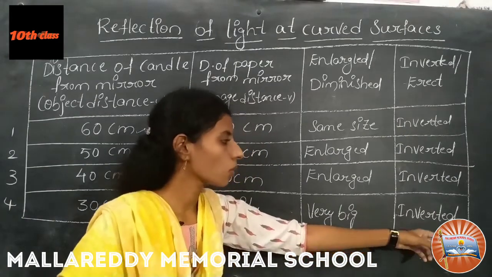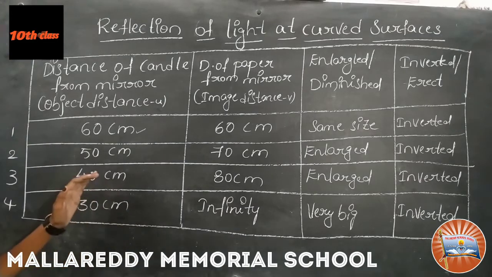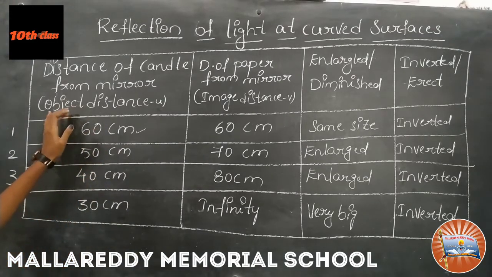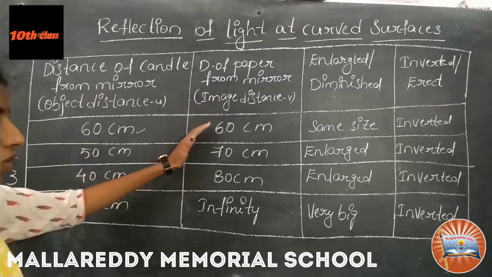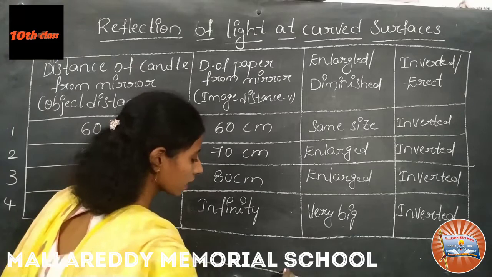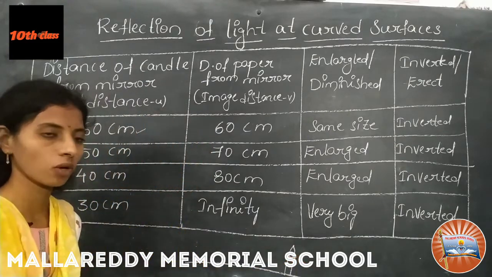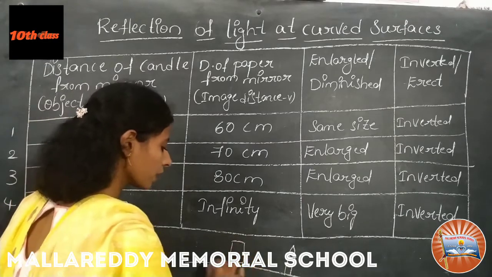So we have taken the object at different positions, and we get the image at different positions, right? For example, on the meter scale we take the candle, that is the object, at some point. We will get the image on the paper.